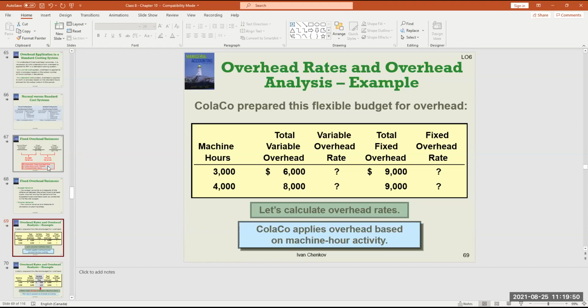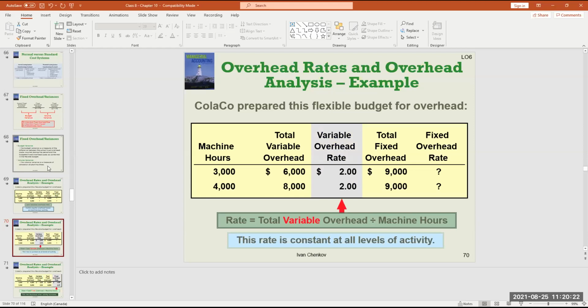Now the fixed overhead rate per unit, as you remember from the very beginning, the more we're using, the rate goes down. On the variable, the rate per unit always stays the same. On the fixed cost, the more we're using, the rate per unit goes down.